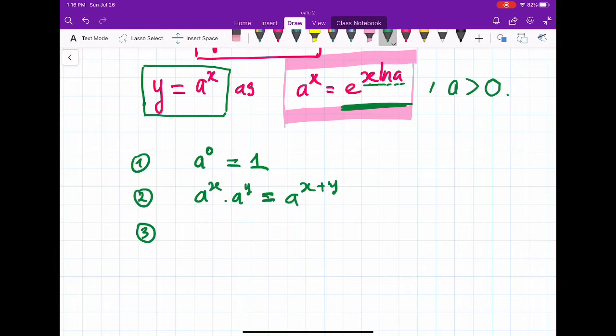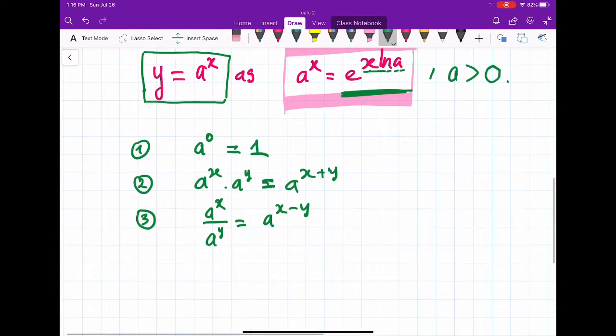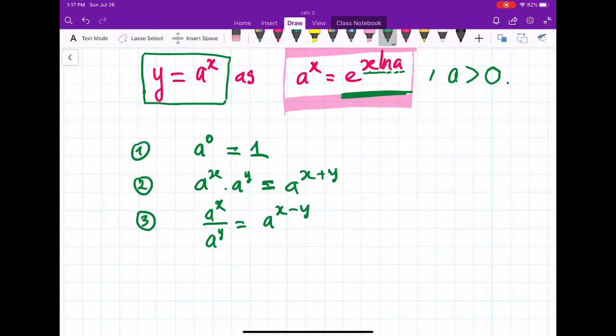Third, you have a to the x over a to the y, that is a to the x minus y. So this is also a very similar property of the natural exponential function. You convert, right? The exponential function converts the difference into a quotient, you see, and converts a sum into a product.